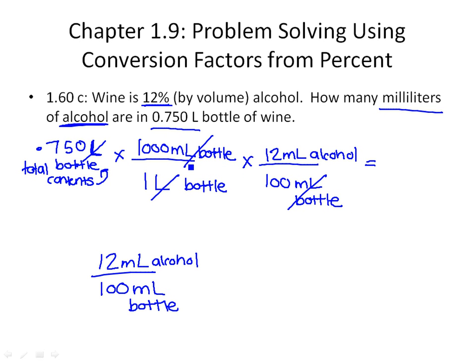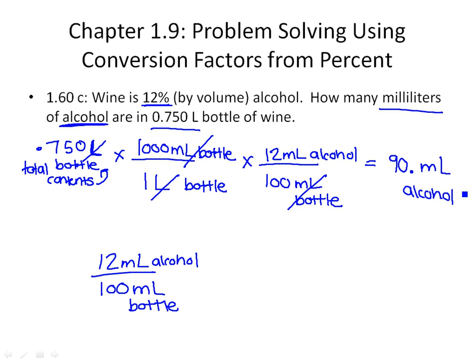So once again, milliliters of the total bottle, however you want to write that, but we're looking for just the alcohol content in milliliters. We had to convert to milliliters first, and then use our percentage. If we do the math, we want 2 significant digits, so we should come up with about 90. milliliters of alcohol in a 0.750 liter bottle of wine.